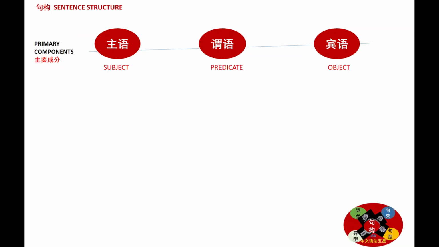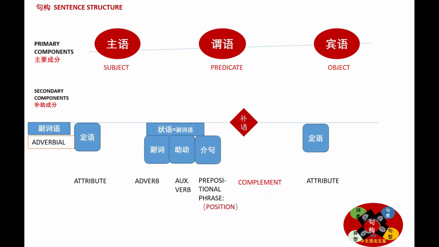So, the secondary components are required. What are those? Yes, modifying the whole sentence, 状语, adverbial. Next, 定语, attribute, modifying the subject.